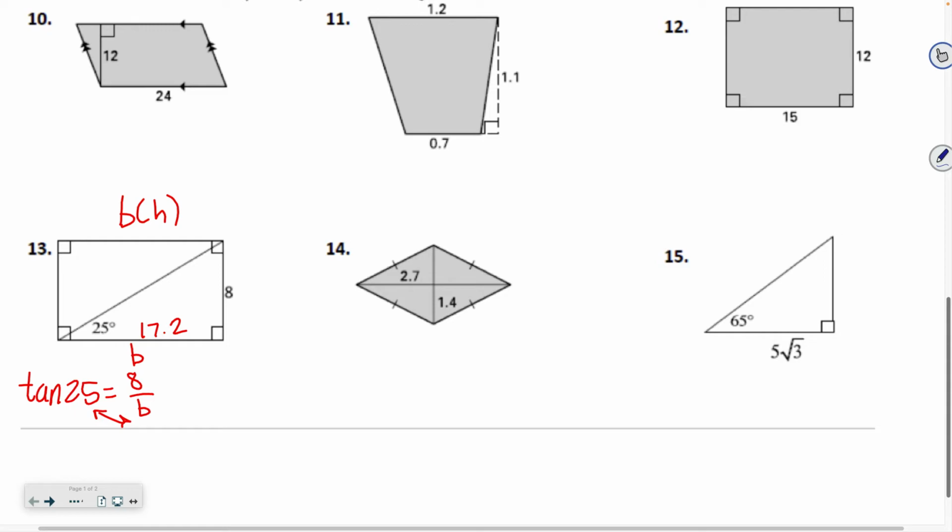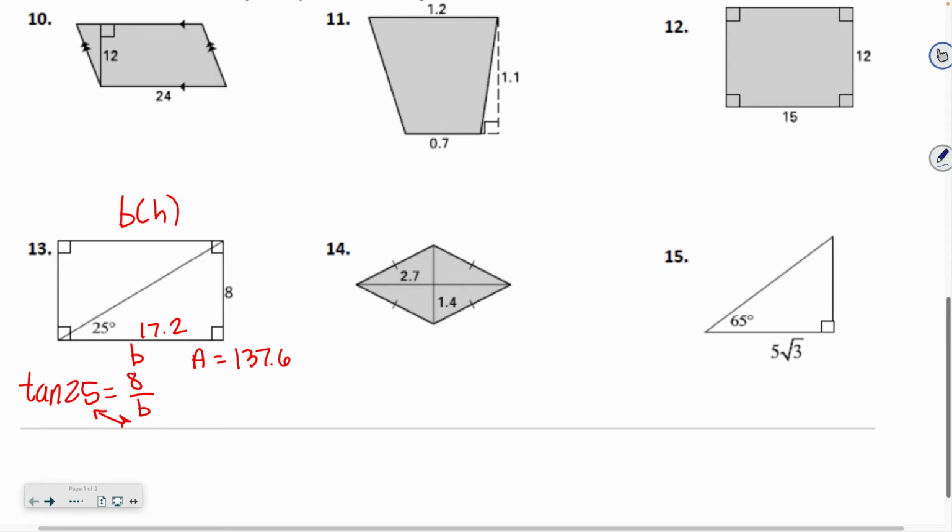Base times height, so 8 times 17.2. So your area is what? Well, this is what depends.